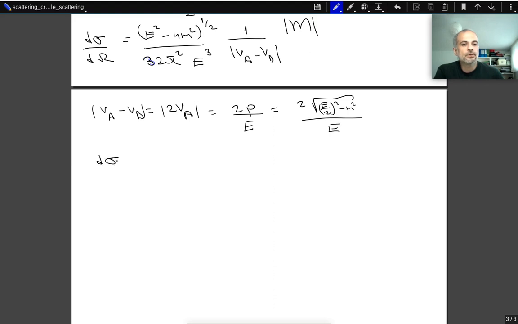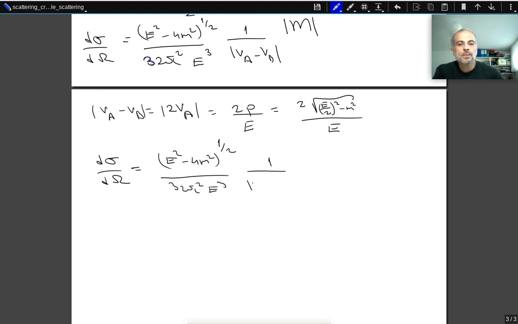So the sigma over the omega will be equal to e squared minus 4m squared to the power 1/2 divided by 32 pi squared e cubed, times 1 over va minus vb. Now va minus vb we had already calculated. 1 over this number is e over 2 times the square root of e squared minus 4m squared, times m squared.